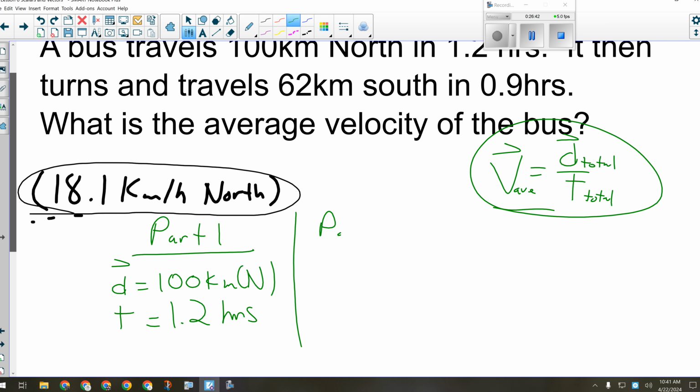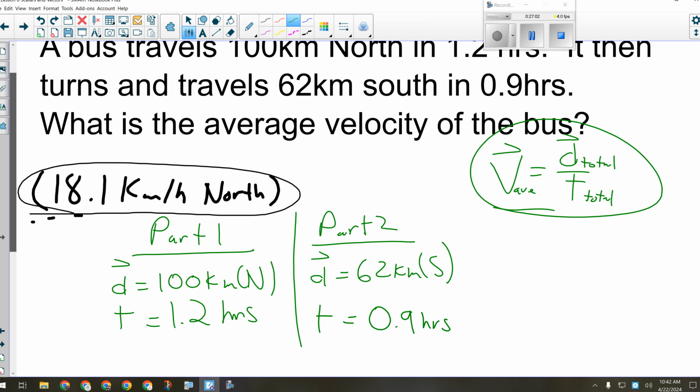In part two, the bus travels 62 kilometers south, and that takes 0.9 hours. So here's what I often do when I see that in a question the direction is changing.